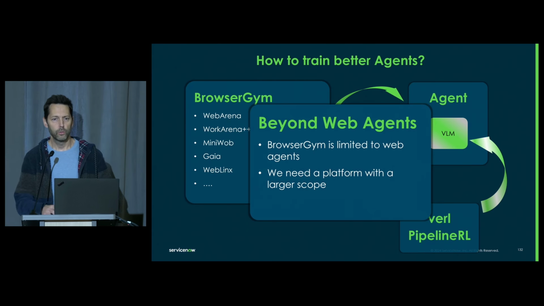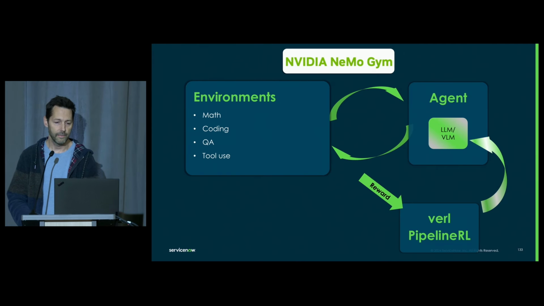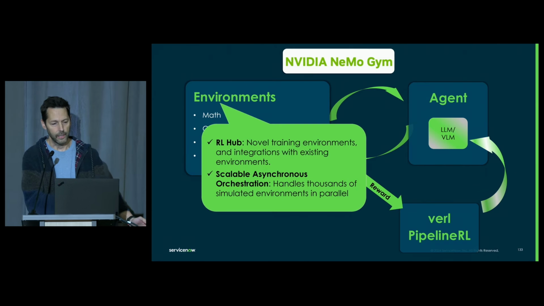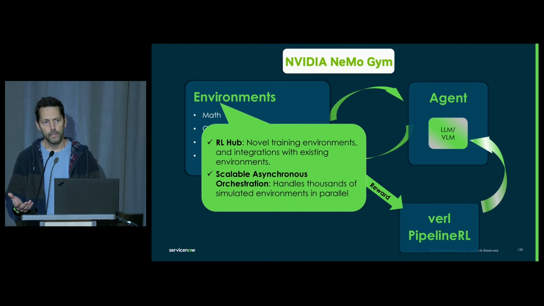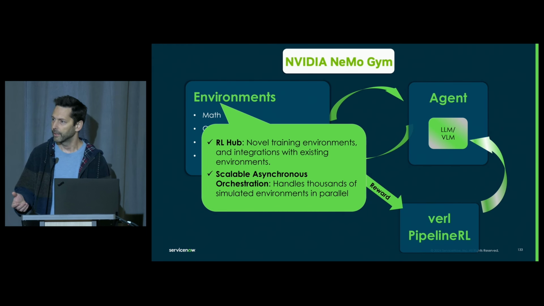So being able to apply the same principle but in a broader range of environments. And this is what NVIDIA NeMo Gym is providing. Open sourced a couple of weeks ago, it's a platform that provides varied environments, math, QA. You can see it as an RL hub for novel training environments or for bringing existing environments.